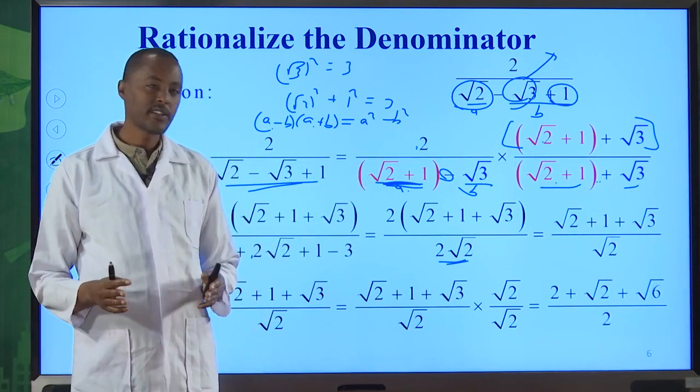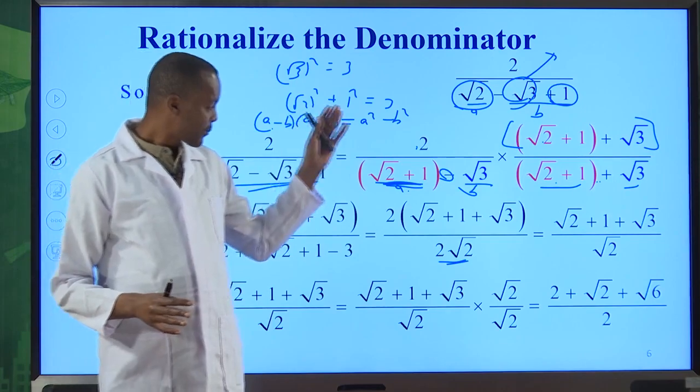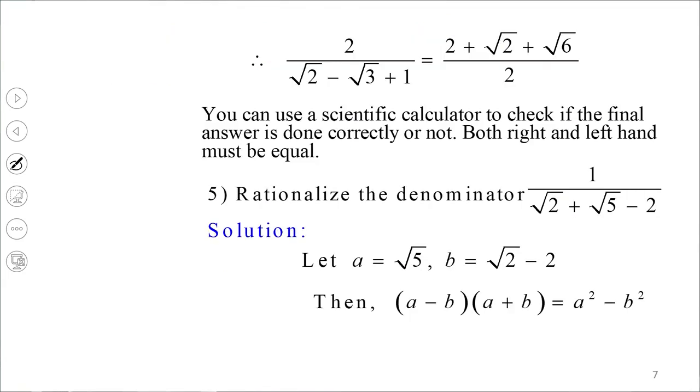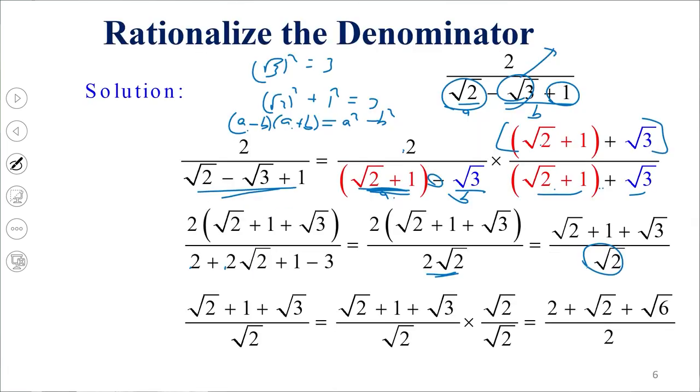Our final target is in such a way that we have to find a mathematical expression which is equivalent to our original expression, but this time having a rational number in its denominator. So what we are left with is we have to eliminate the root 2 term now.